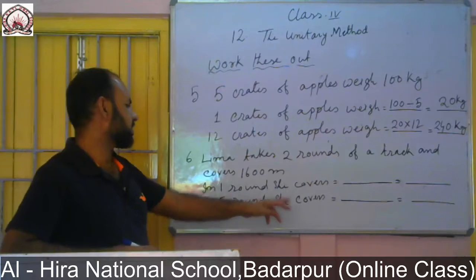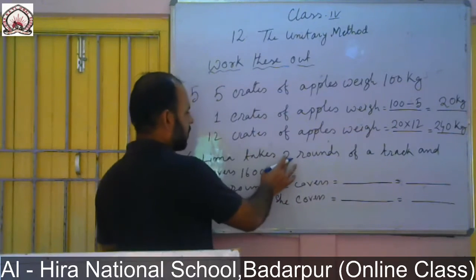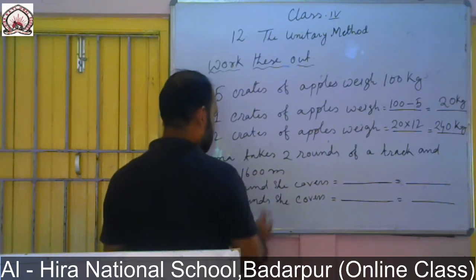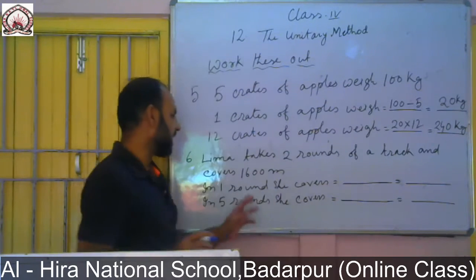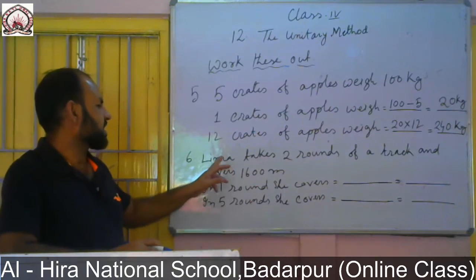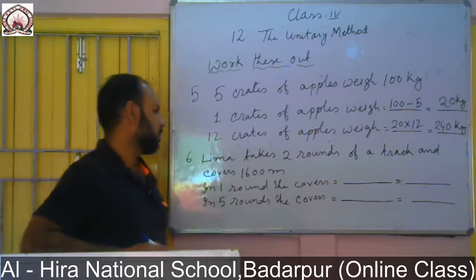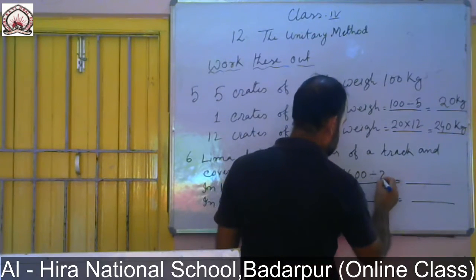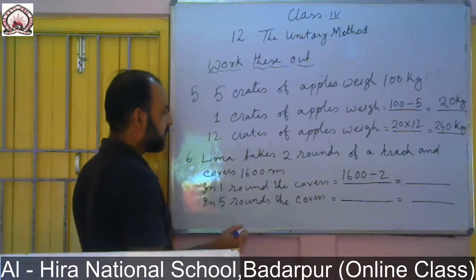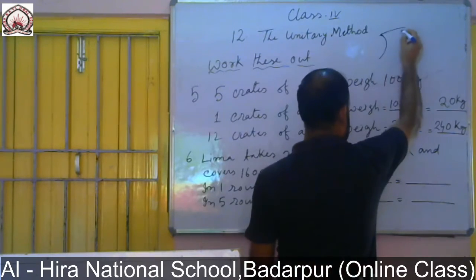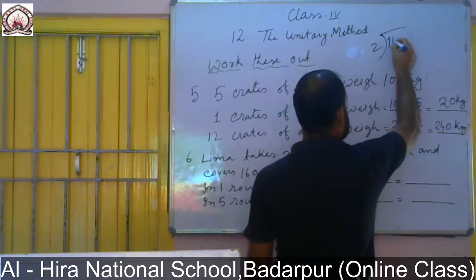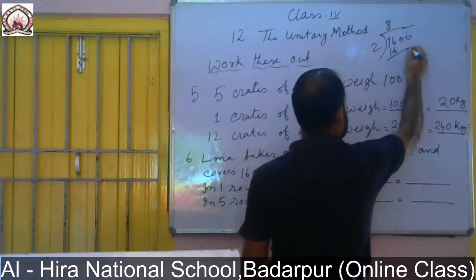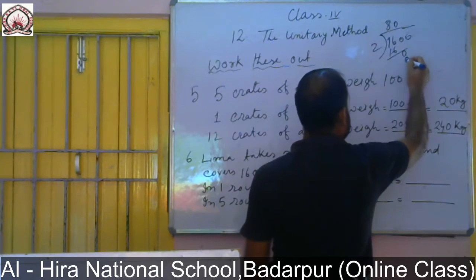Now, if in 2 rounds she covers 1600 meters, in one round she covers 1600 divided by 2. 2 eights are 16, remain 0, 2 zeros are 0.